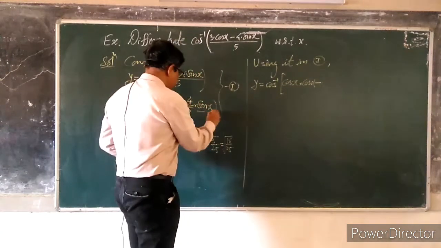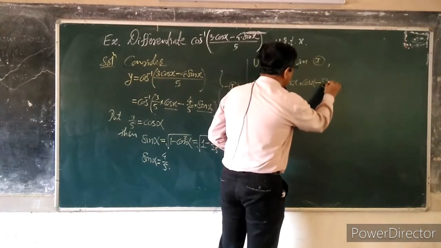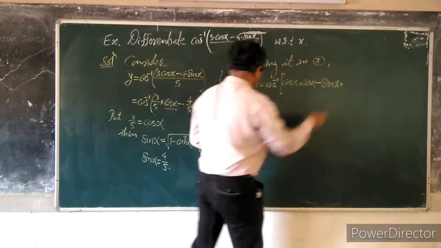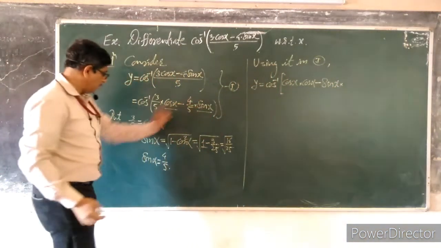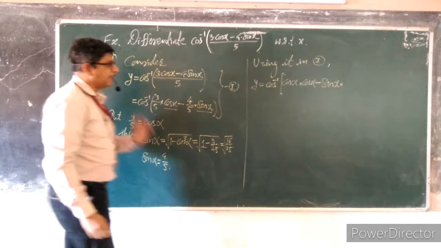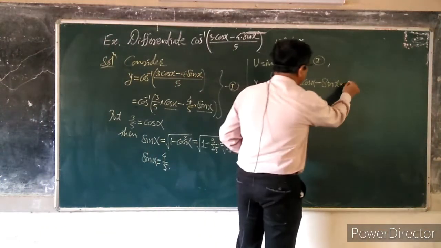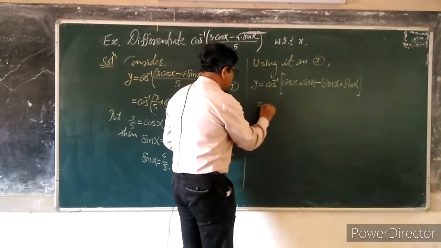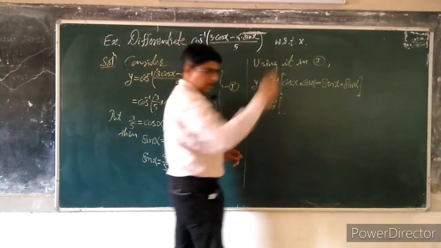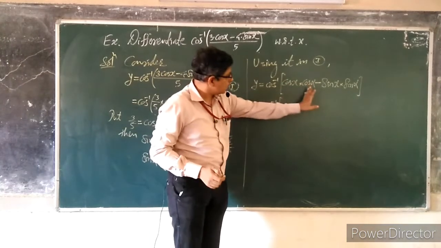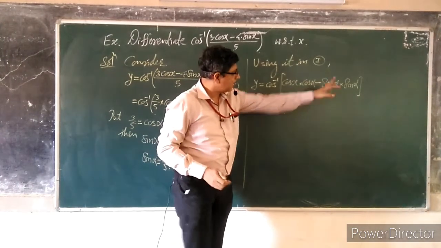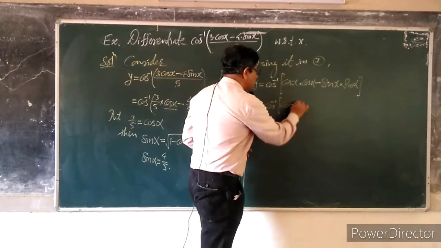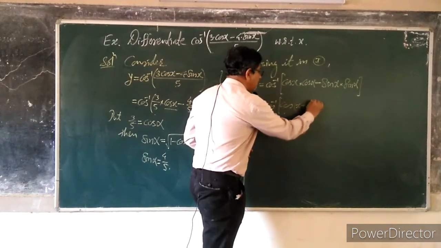I'll write this term first, sin x. As the product is commutative, we can interchange the terms. 4 by 5, it is sin alpha, where alpha is constant. Now this is cos x cos alpha minus sin x sin alpha. This is the formula for cos of x plus alpha.